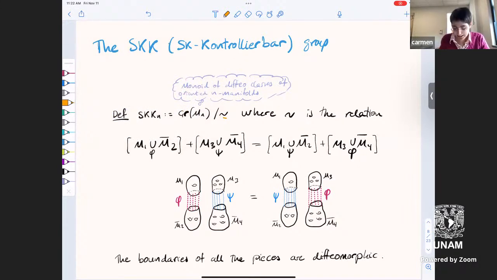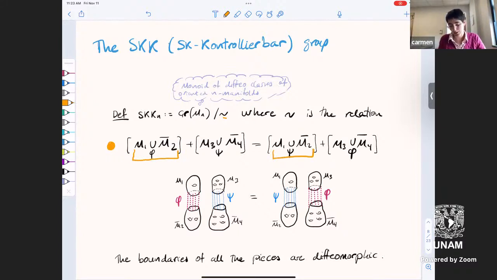And the relation is a little bit more complicated than the SK one. So let's say that you have more pieces to play with. Let's digest for a second what we have on this line right here. Essentially you can see this first M1, M2, and then another M1, M2 right here.